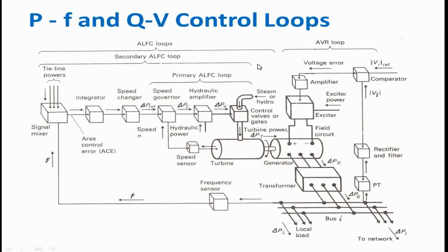These two control loops focus mainly on the strong coupling between these four parameters, in which AVR focuses mainly on the strong coupling between reactive power and voltage, whereas load frequency control focuses mainly on the strong coupling between real power and frequency. And these two control loops are not fully non-interacting. There is some little cross coupling between these two basic control loops, because the AVR has control on the induced EMF in the generator, thereby it affects the power generation at the terminal of the generator.